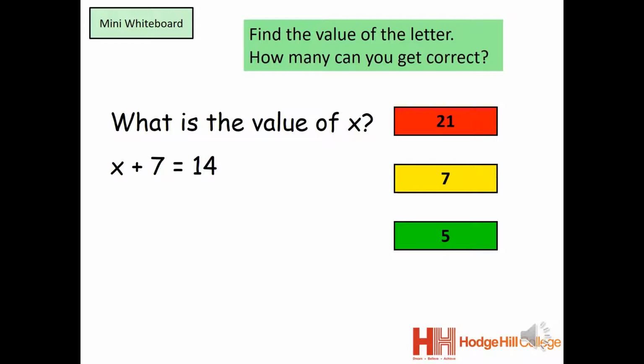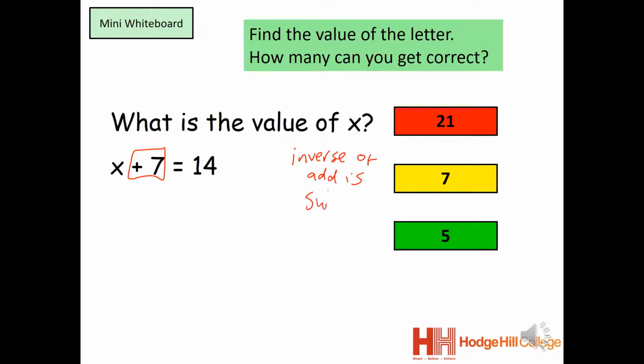Okay, welcome back. First things first, I need to identify what we need to do to this equation. To get it looking like x equals something, we need to get rid of this add 7. We need to do the inverse operation of add 7. The inverse of add is subtract.